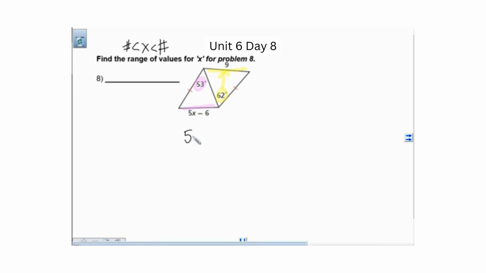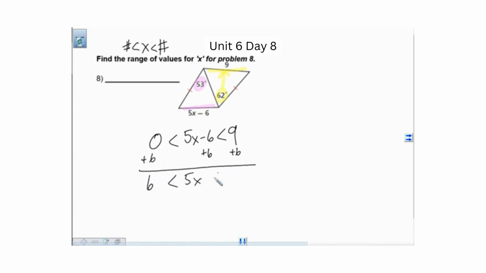That means we put 5x minus 6 is less than 9. And remember, the lower end is always going to be 0. Then we solve like we would normally, add 6 to everything. So you have 6 is less than 5x, which is less than 15. Then we divide everything by 5. So that gets us 6/5 is less than x, which is less than 3.